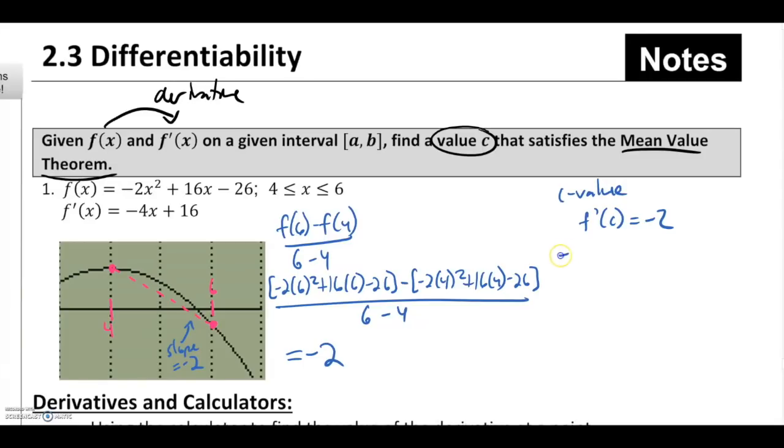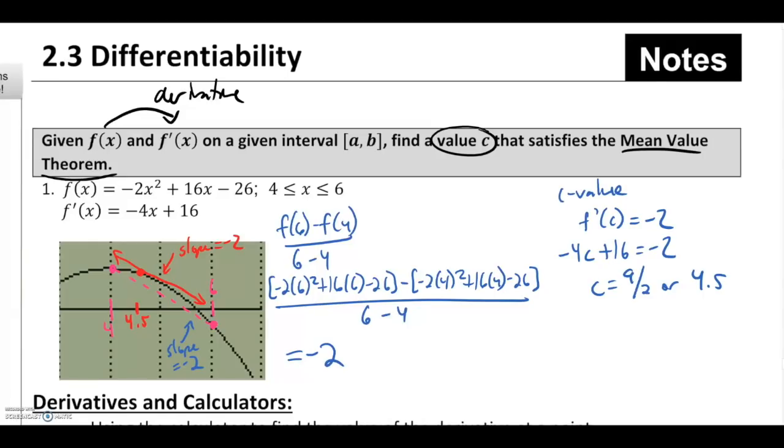So we're trying to find some point where, taking our derivative and plugging in c, negative 4c plus 16 equals negative 2. And that c value would be 9/2 or 4.5. Locating that value on the graph, which is right about here, I'm going to go ahead and draw in the tangent line there. Even though my tangent line doesn't look perfect, it sure seems that this also has a slope equal to negative 2, the same as the average rate of change.